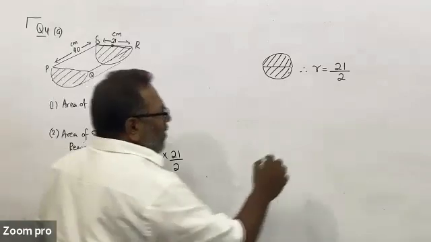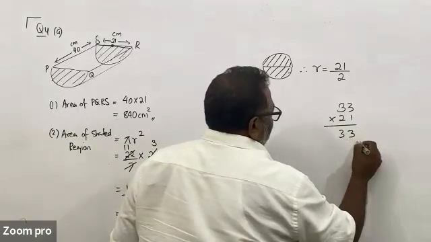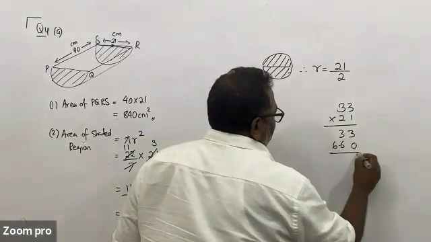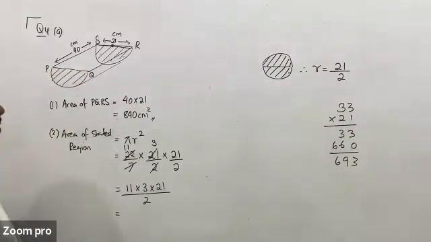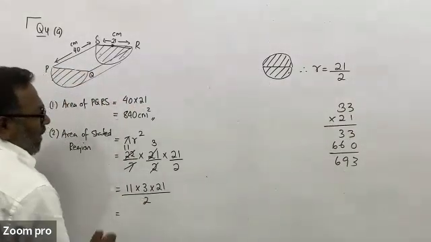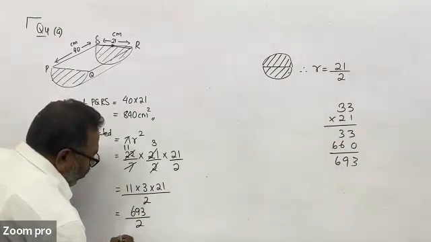33 multiplied by 21. 33 into 21 is 693, divided by 2.